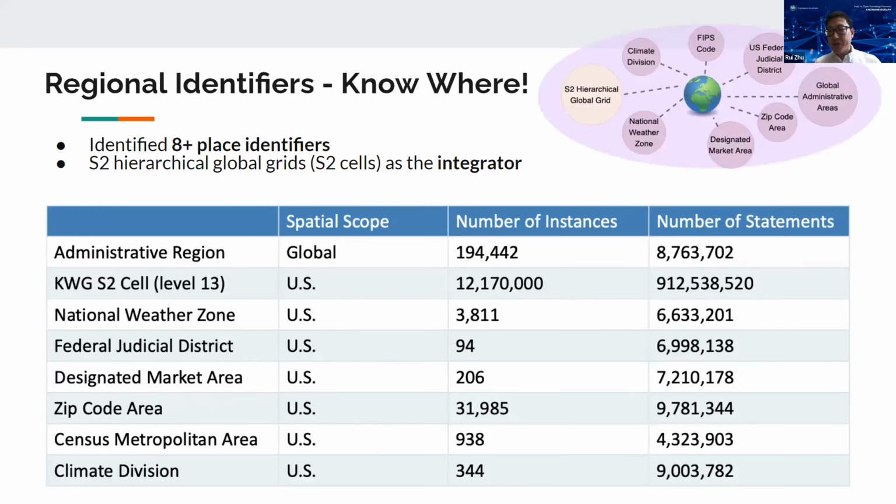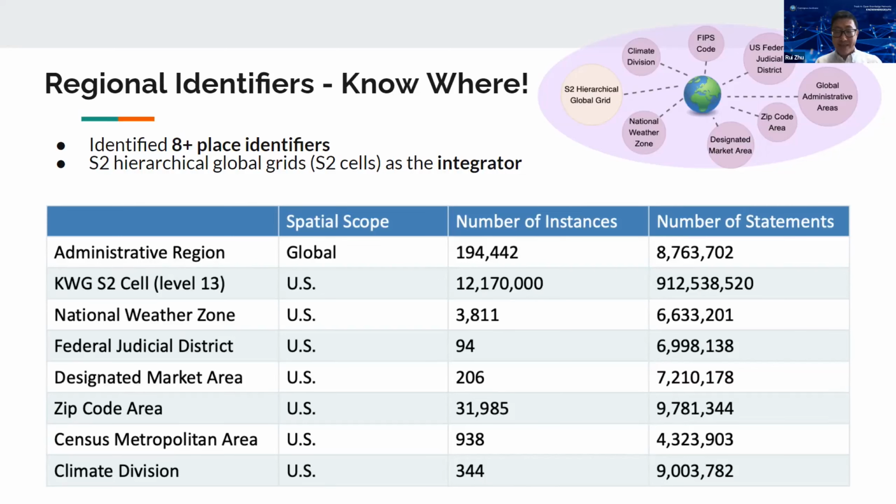And as I mentioned, the regional identifiers are really the nexus to help us connect all these different themed data. And so far, we consider over 8 different types of place or regional identifiers. And here we have a table listing all of them, with the number of instances and the number of statements to give an overview.